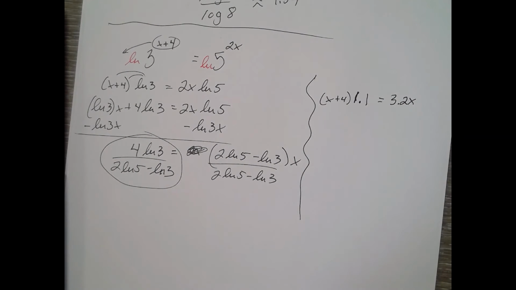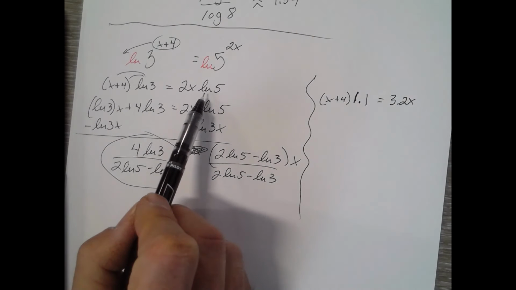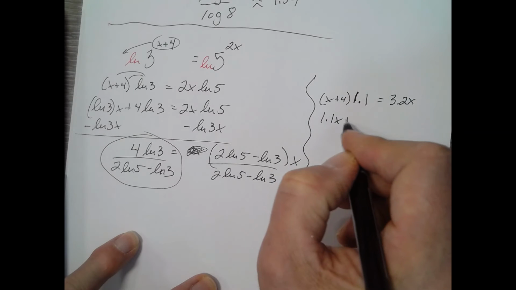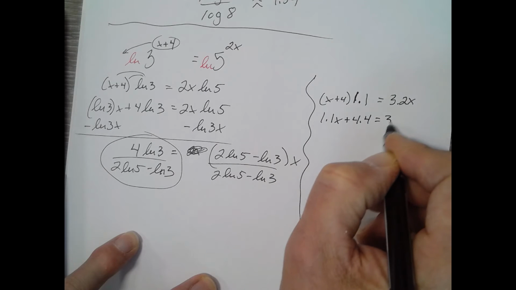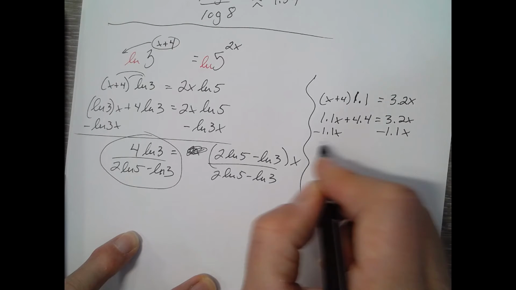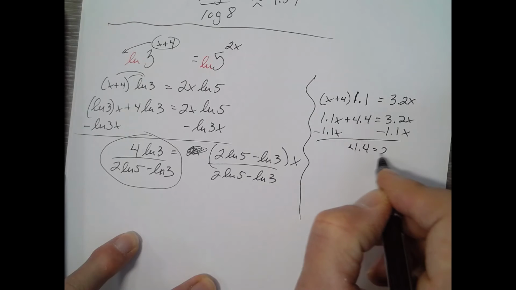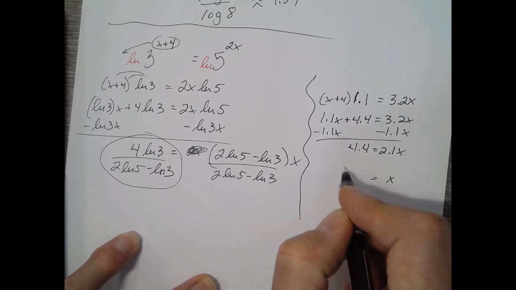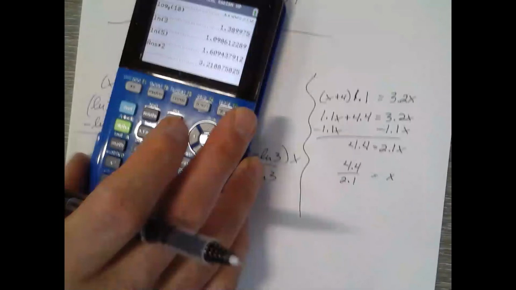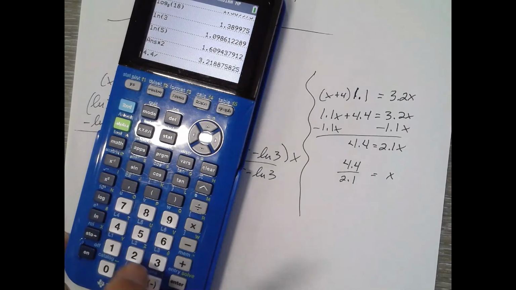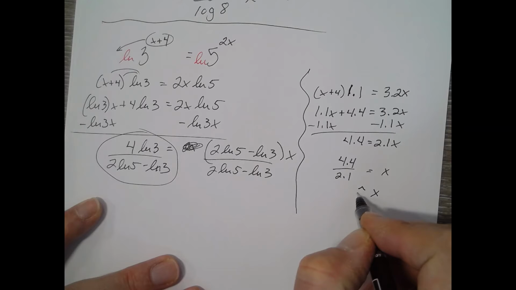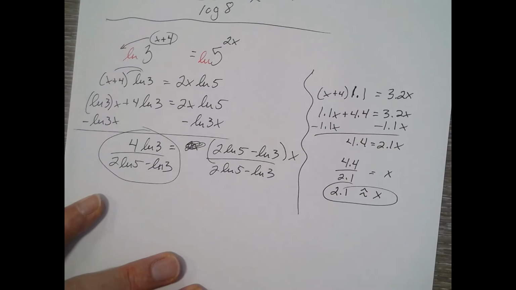I just changed my natural log of 3 to 1.1, and natural log of 5 times 2 is 3.2. So now I can distribute the 1.1 and subtract. That looks like it's 2 point something. 2.1. And that would be just fine.